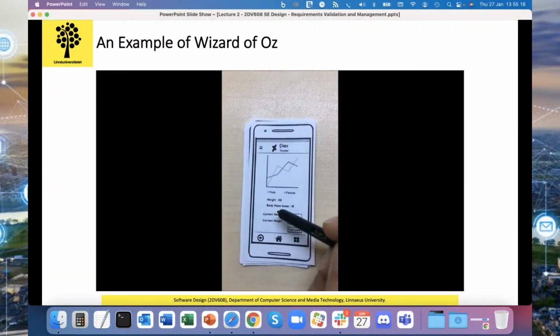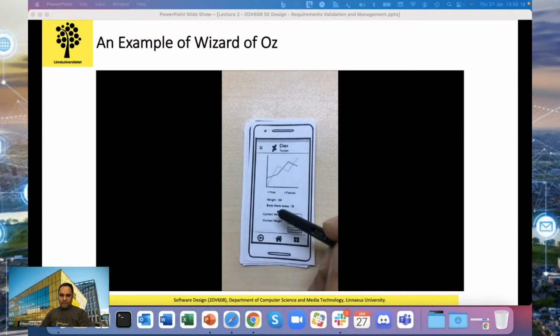So I guess you could understand how this Wizard of Oz prototyping works. I don't want to play the full video, but that's the idea.